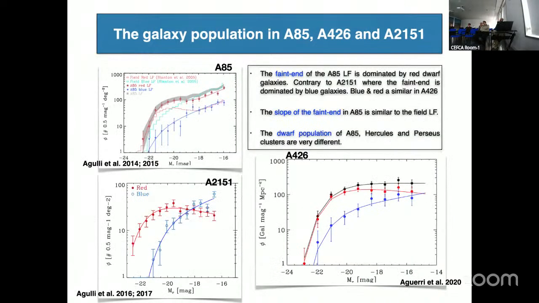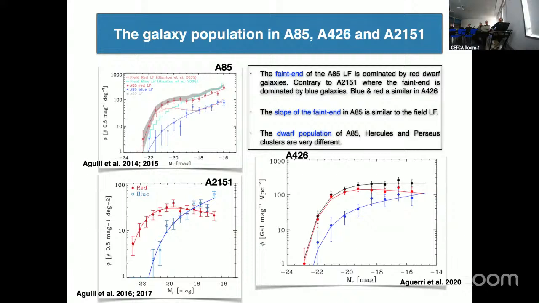If you split the luminosity function in red and blue, again, Abell 85 is dominated by the red galaxies. These are the red galaxies, and this is the blue galaxies. So in the faint end, the red galaxies dominate over the blue galaxies. But if you go to Hercules, it's the opposite.